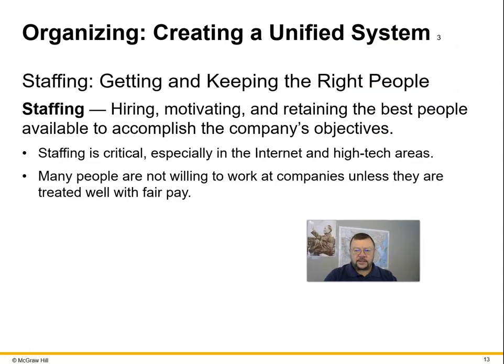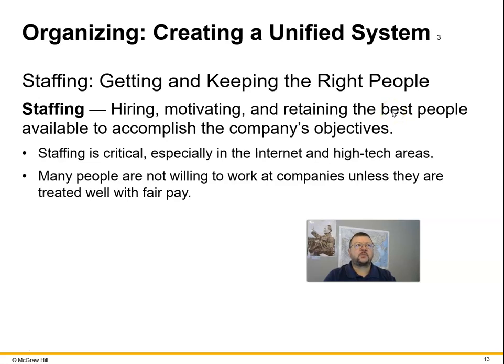Under the organizing banner, you might call it, something that has received a lot of attention lately is staffing. It's really hard. Turnover has increased, and staffing is critical. They say here, especially in internet and high-tech areas, but almost all areas have now become critical for staffing.